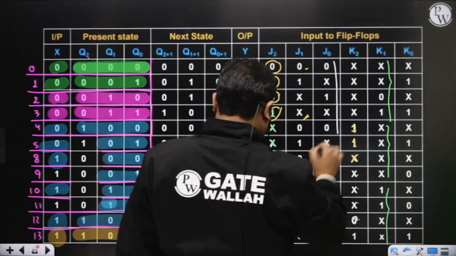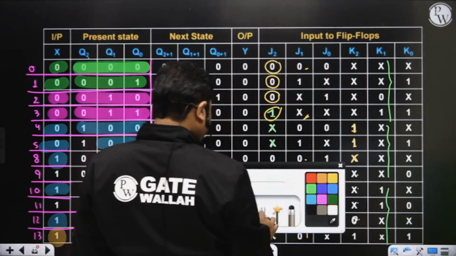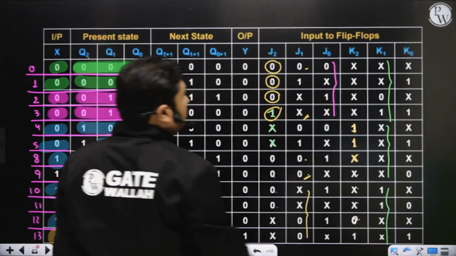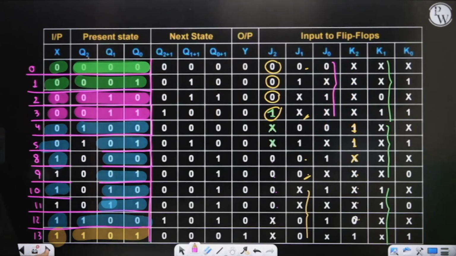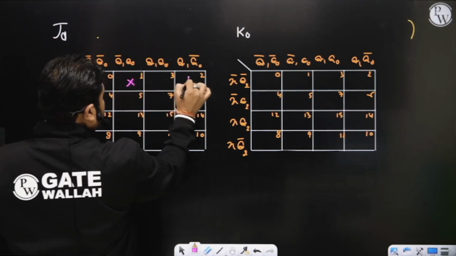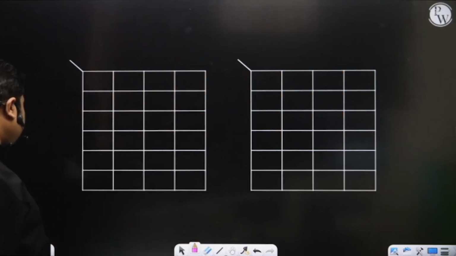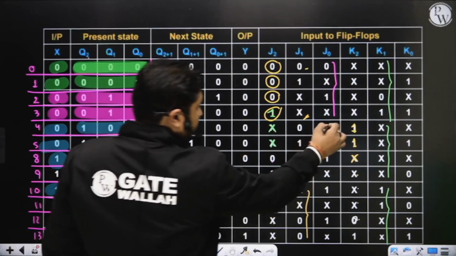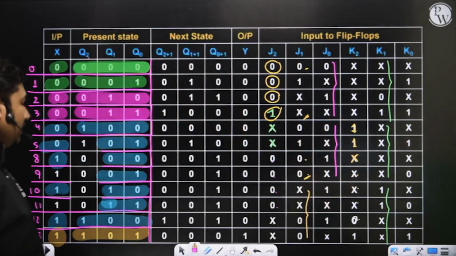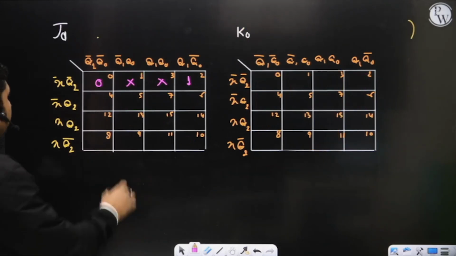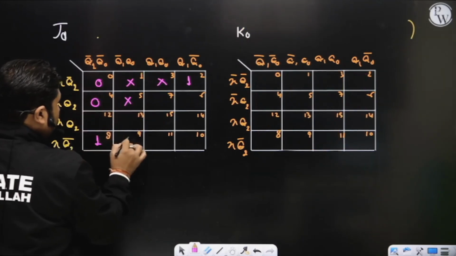For J0, we have to observe the first four digits. 0 don't care, 1 don't care, 0 don't care, 1 don't care, 0 don't care, 1 don't care.